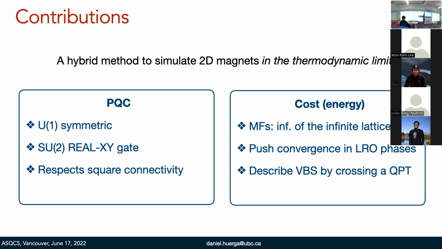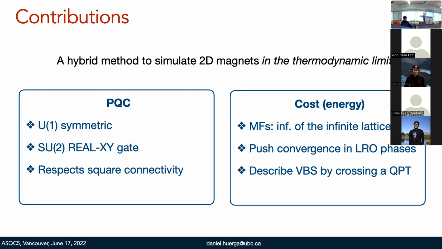And as I have stressed in this last convergence, it respects the square connectivity that current experimental groups from Google or ETH are using. It relies also on the definition of the cost function, the energy, which has implied this thermodynamic limit through the mean fields. And these mean fields are the ones that are pushing the convergence in the long-range ordered phases.